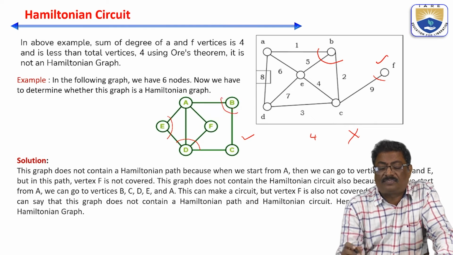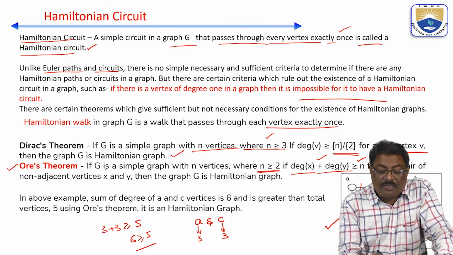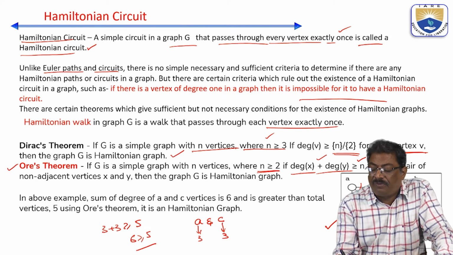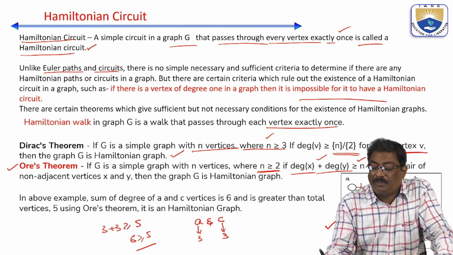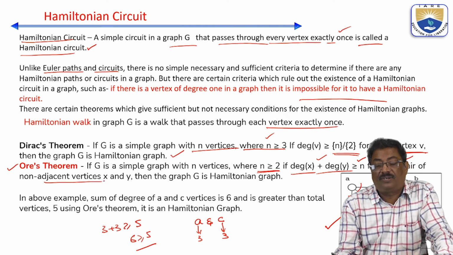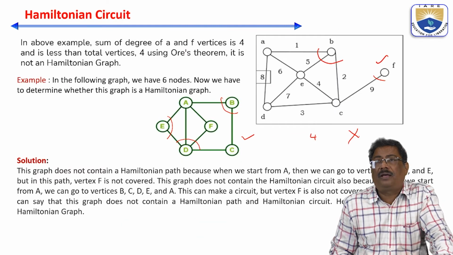So these two are non-adjacent. What the Ore theorem says is: G is a simple graph where degree of x plus degree of y is at least the number of vertices for each pair of non-adjacent vertices. If the condition is true, then we can say that it is Hamiltonian.